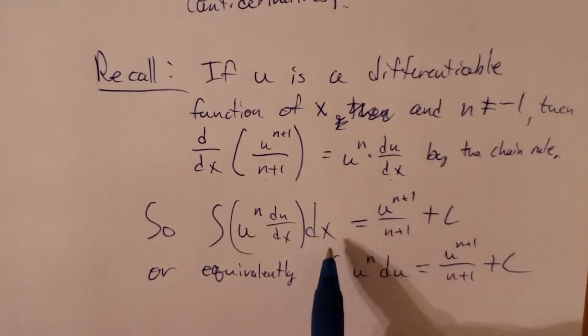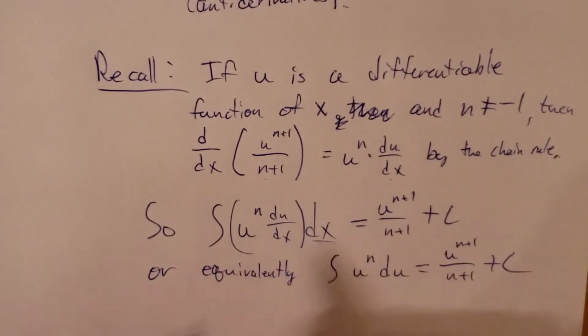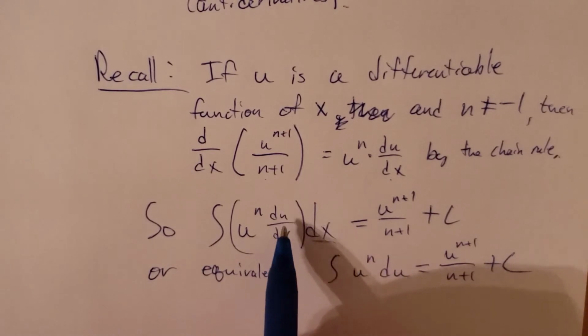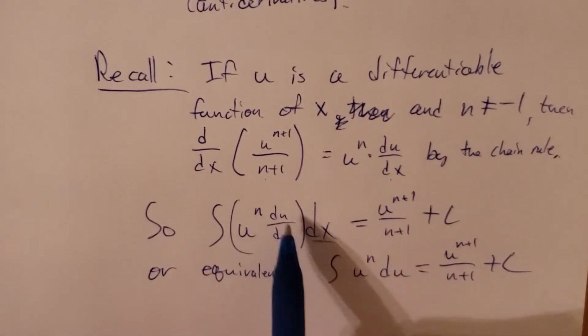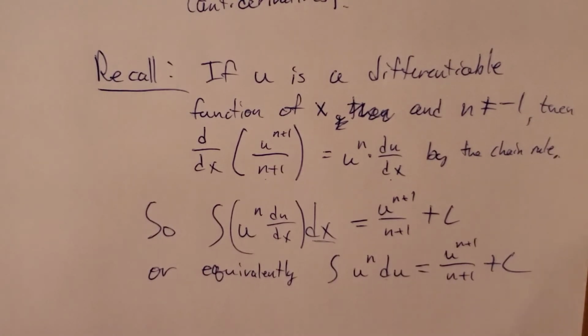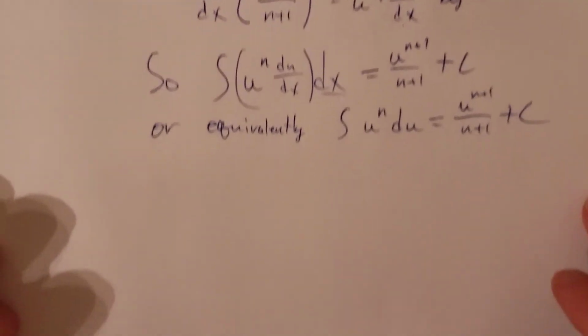So here we're using differentials as our notation when we're taking integrals. And this du dx times our differential dx, we can just think of as the differential du. Let's go ahead and explore this a little further with an example.